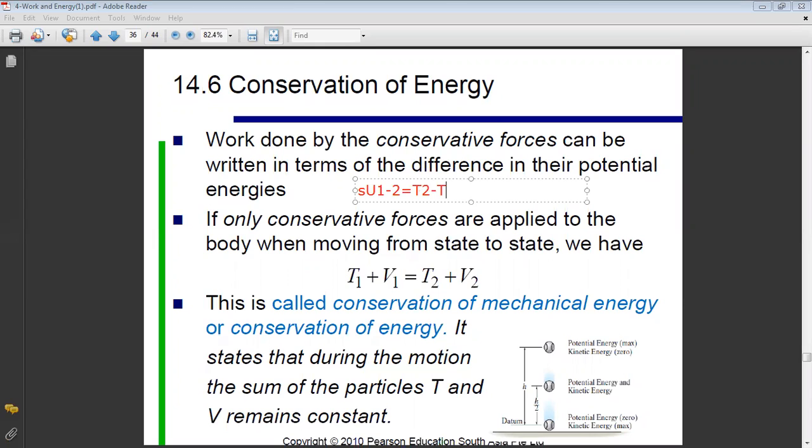And now we have demonstrated that if all forces are conservative, we can also replace the sum of work between 1 and 2 by V1, the total potential energy, minus V2. So if you rearrange your terms, you take 1 together and 2 together, you get what is called the conservation of mechanical energy, where T1 plus V1 equals T2 plus V2. And this is the formula you are used to using in school.